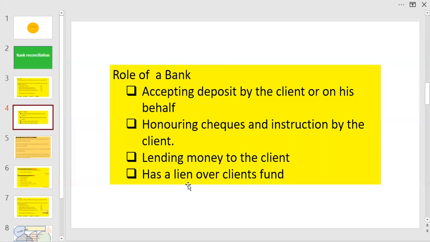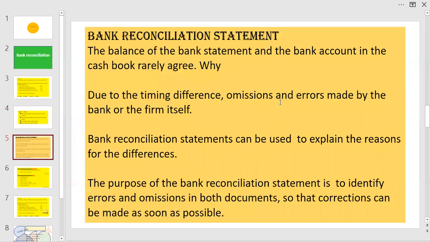Okay, bank transactions are mostly cash, which is a very vulnerable asset and can lead to frauds being committed against us, and the accuracy of this is always necessary. Therefore, periodically we check our accounts with the bank statement and ensure everything is in order. At least they do a bank reconciliation statement once a month.